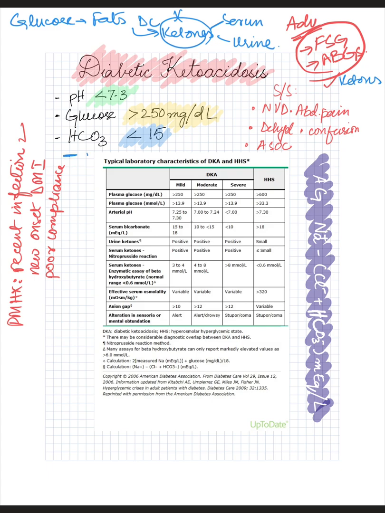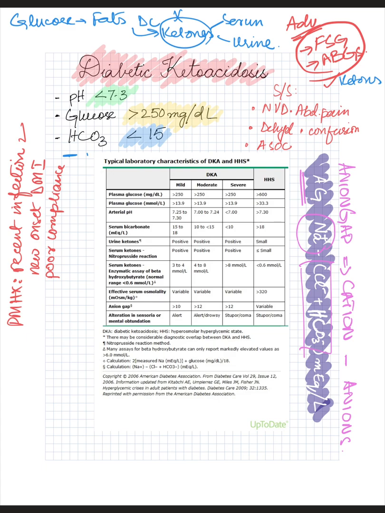A rather more important value is anion gap, which is the difference between cations and anions. The majority of the extracellular cations are sodium, and the majority of the anions are chloride and bicarb, and hence we take the difference of these.